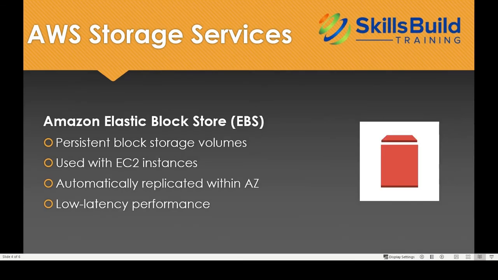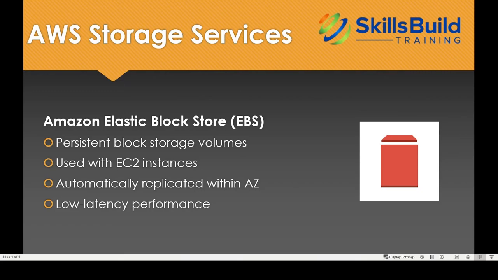The next service that we'll talk about is Elastic Block Store or Amazon EBS. It provides persistent block storage volumes for use with Amazon EC2 instances in the AWS Cloud. Each Amazon EBS volume is automatically replicated within its availability zone to protect you from component failures, offering high availability and durability.